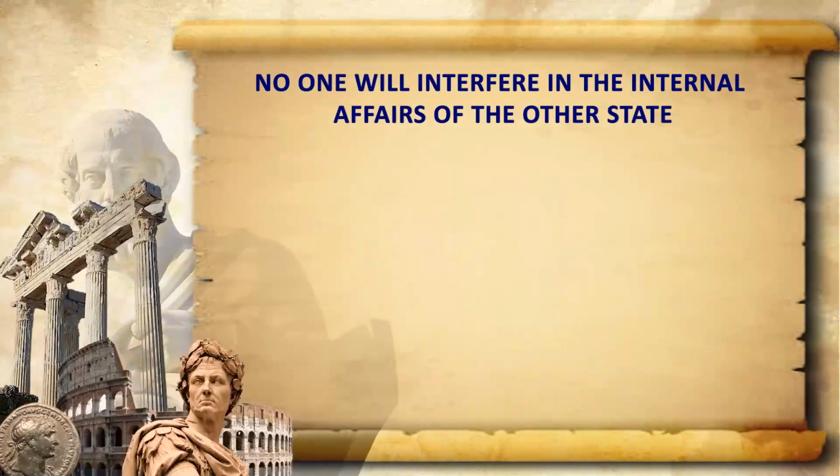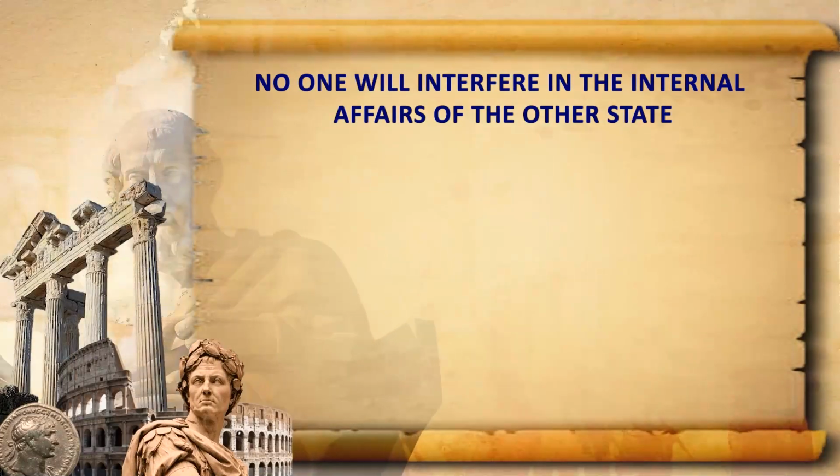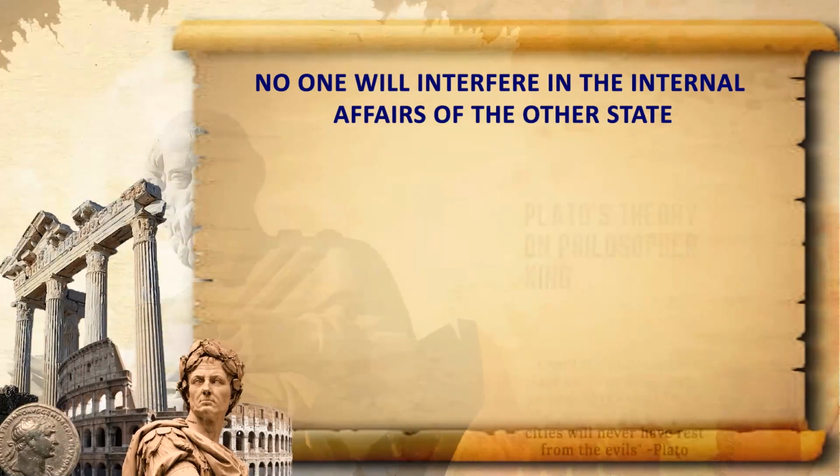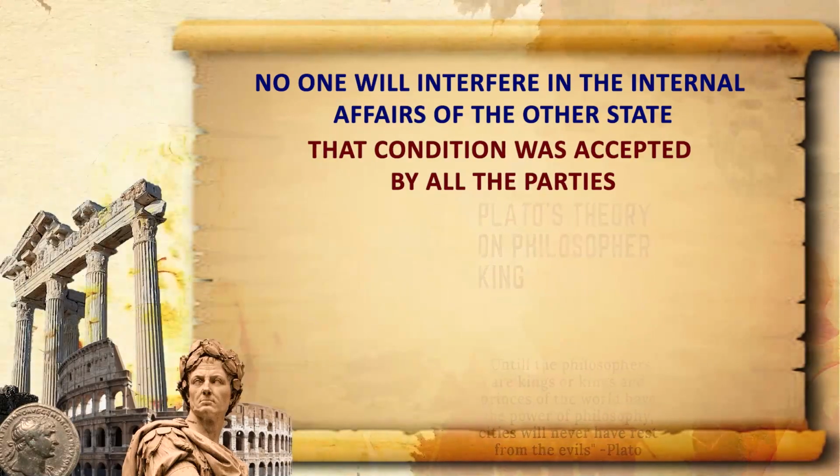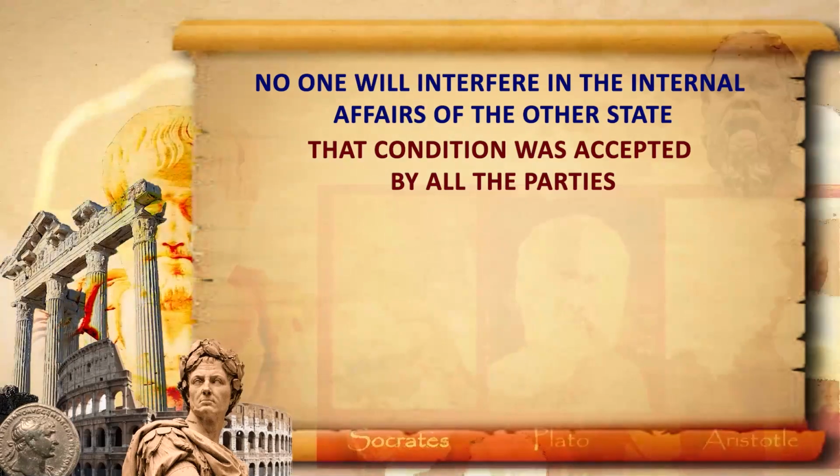That agreement was accepted by everyone. The exclusive sovereignty of each party, that means all groups with their own land will be treated as sovereign states, and no one will interfere in the internal affairs of the other states. That condition was accepted by all the parties.